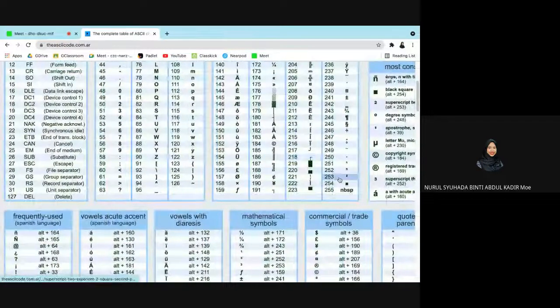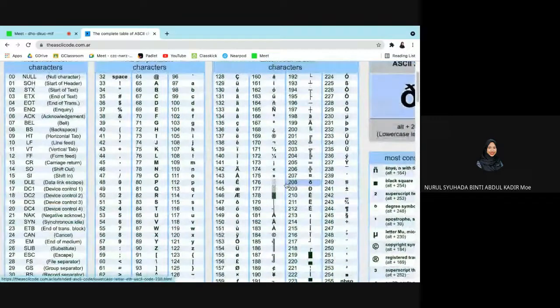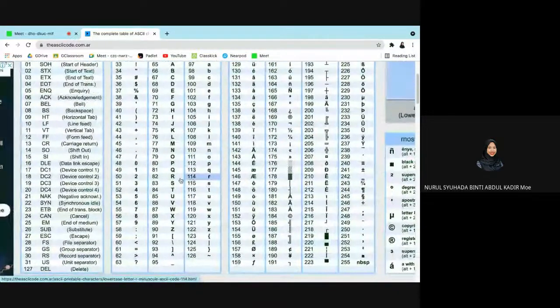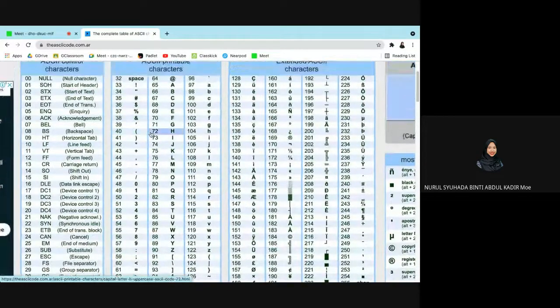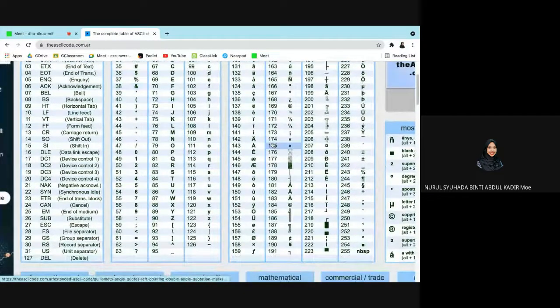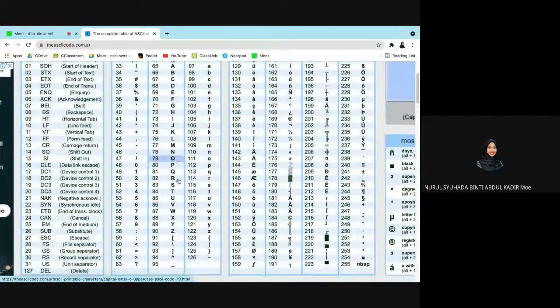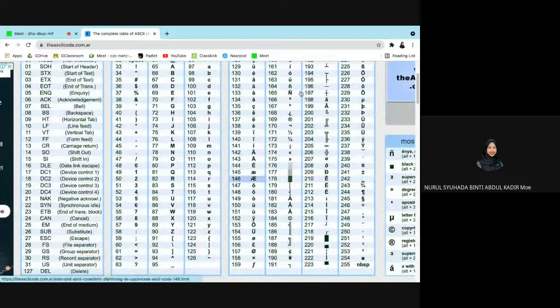Tapi actually ada 256, sebab kita start daripada kosong. So you tengok, untuk ASCII dia hanya boleh tunjukkan simbol-simbol ini sahaja. Dia tak boleh tunjukkan simbol yang lain. Ini saja. Boleh tengok? Okay. These are the only symbols that can be represented by ASCII. Only 256 symbols, only 256 characters.